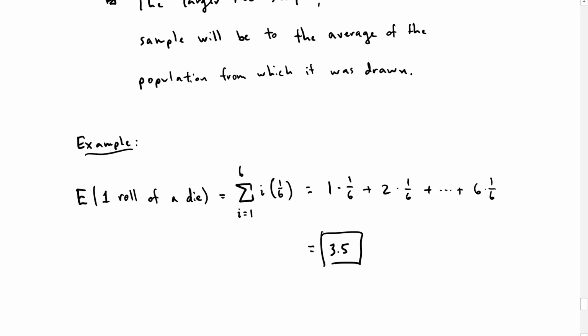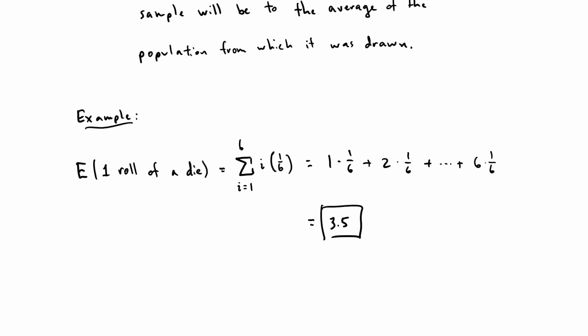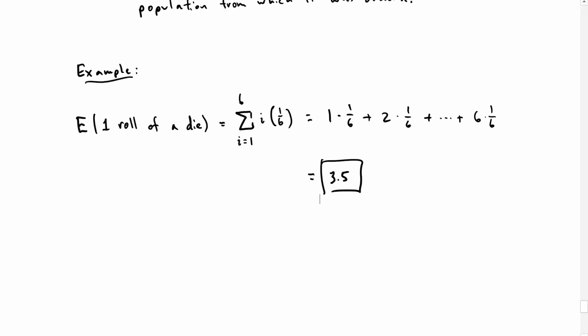You can't actually have a 3.5 on a die, but if you roll a die a lot of times, the average of the numbers of all the rolls is going to end up being 3.5. And so if we actually did roll a die, suppose we roll a die 3 times. All right, what's the average?